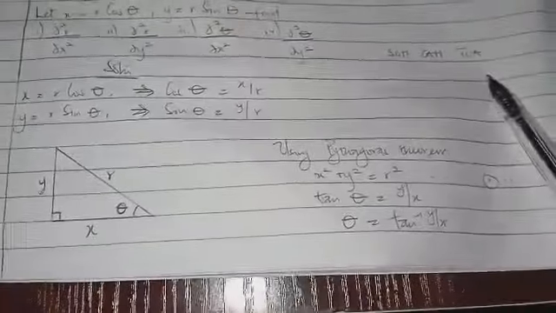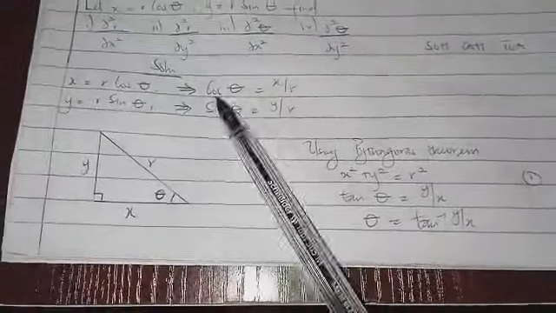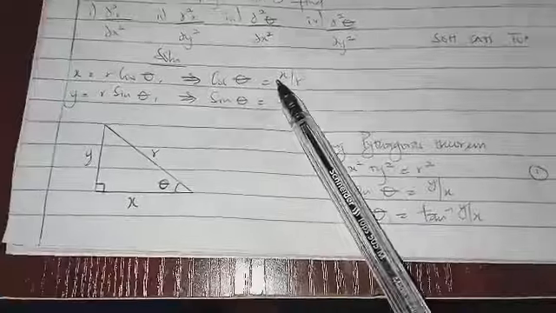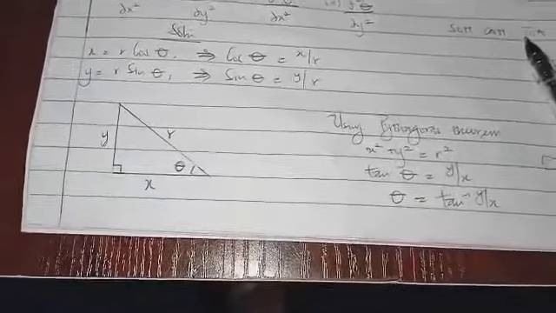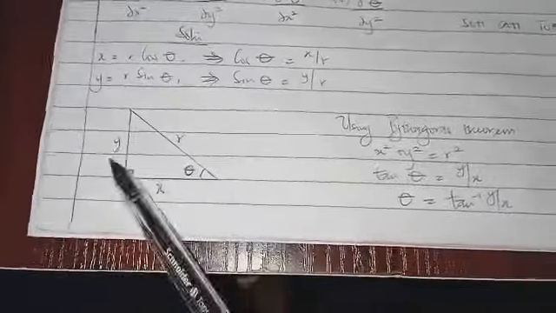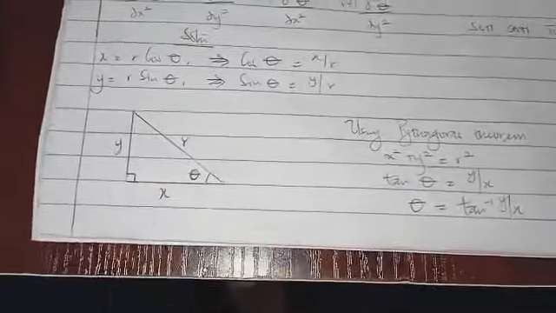So I brought this out so that when we are drawing, we can draw the right angle triangle. The angle is theta. Cos is adjacent over hypotenuse, so adjacent is x over hypotenuse r. Sine is opposite over hypotenuse, so this is the opposite y over hypotenuse r.